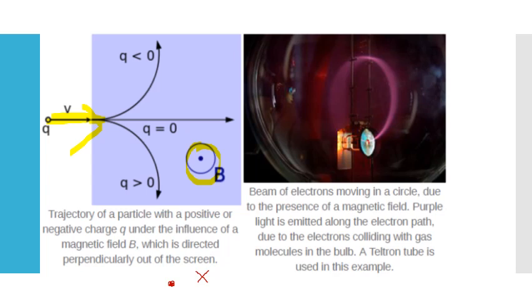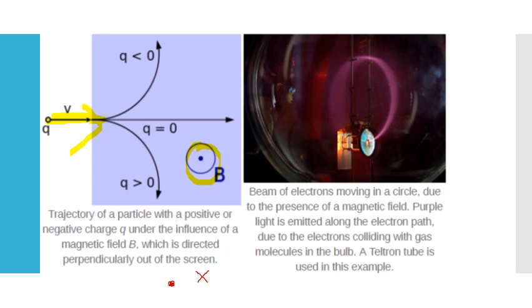If the charge is more than zero, then it will move downward. We use this property to separate different charges. Sometimes we use this property in a mass spectrograph, and this can be done by a velocity selector chamber. So this is one application.